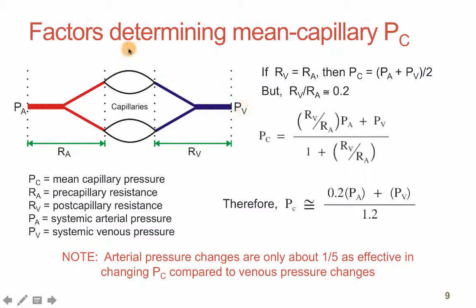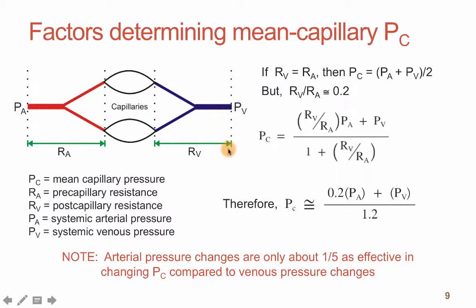But in fact, capillary pressure is much lower than the mean between the arterial and the venous pressures. And the reason for that is that the precapillary resistance, R sub A, is much greater than the postcapillary resistance.